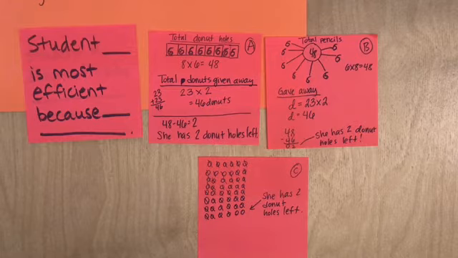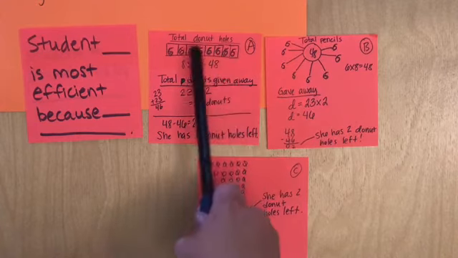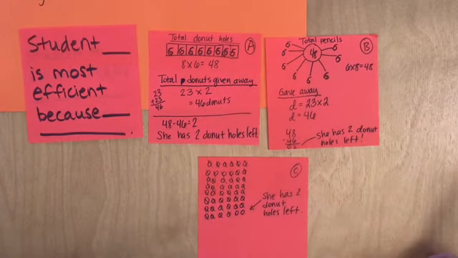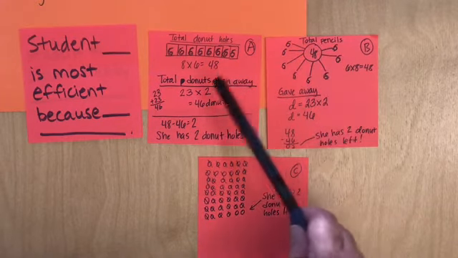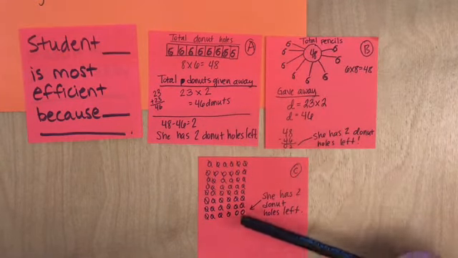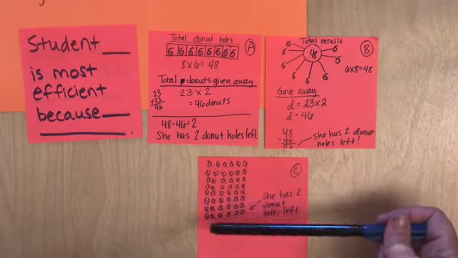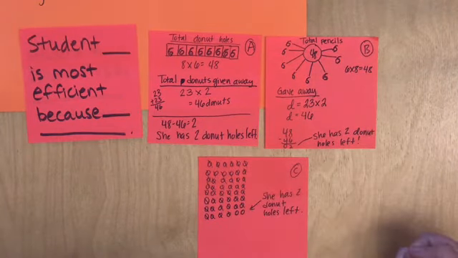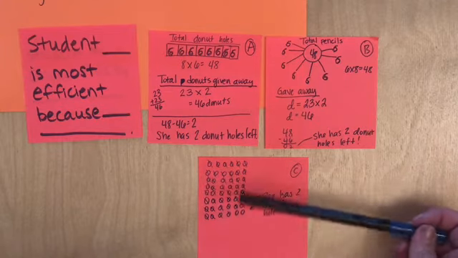All right, so student A and student B kind of have something similar going on where they found the whole first. So I don't know, I would say that one of these is probably the most efficient. All of these got the right answer, but this one right here, you're most likely to make a lot more mistakes, because what if you lose your count, or what if you didn't draw enough circles, or all kinds of things could have gone wrong by drawing it like this.